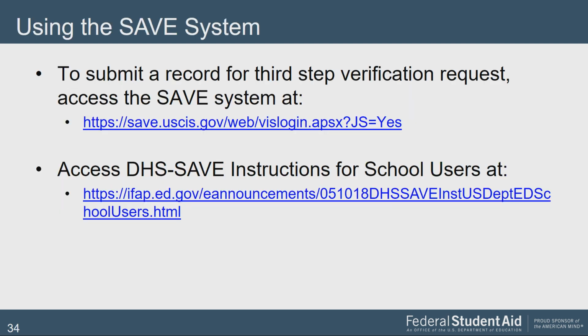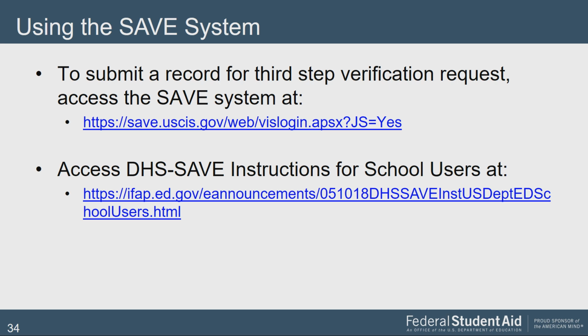To submit a record for third step verification, access the SAVE system at that URL. SAVE also recommends using the Chrome rather than some of the other browsers for better results. The DHS SAVE instructions for school document is at that URL.